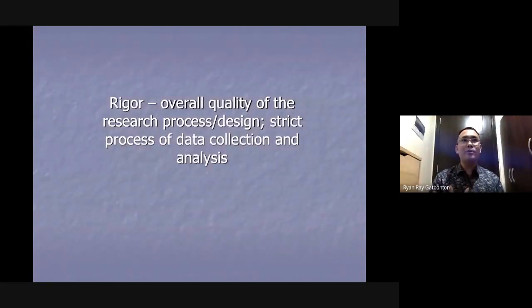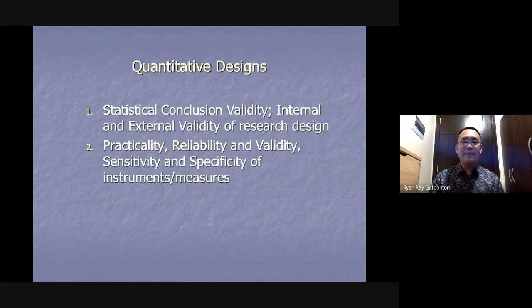Now we go to the quality of your research process or design, what we call your rigor. When we say rigor, we try to follow the strictest process of data collection and analysis. Quantitative designs would require you to have statistical conclusion validity, and good internal and external validity of your research design.